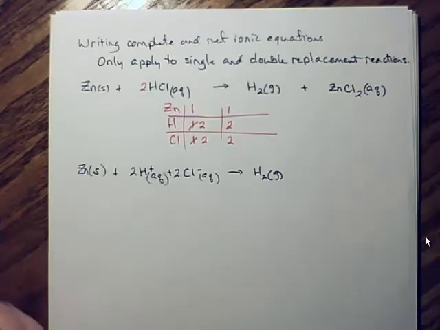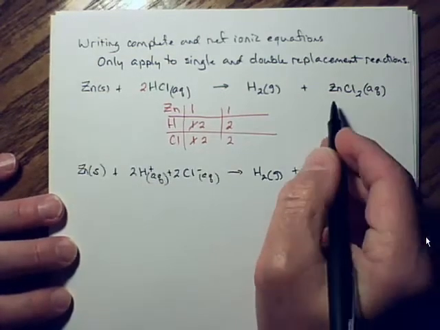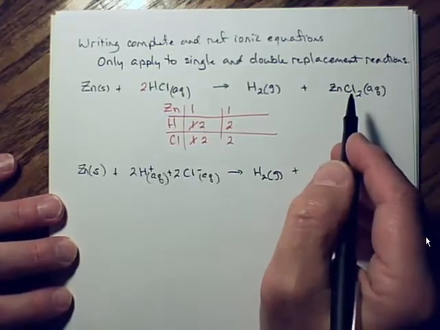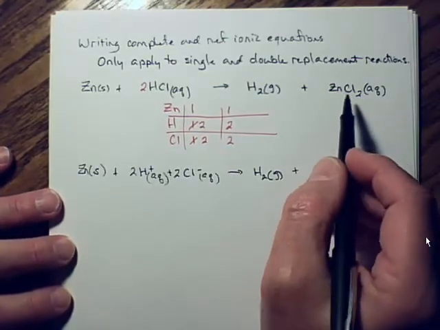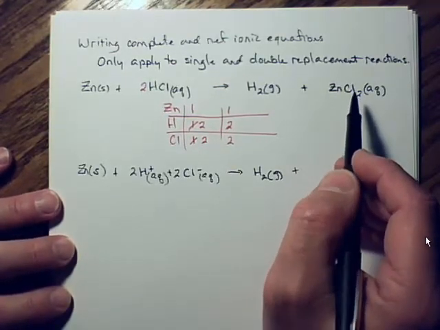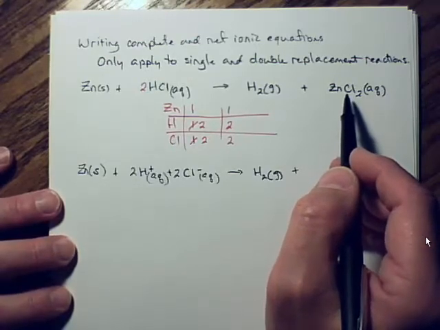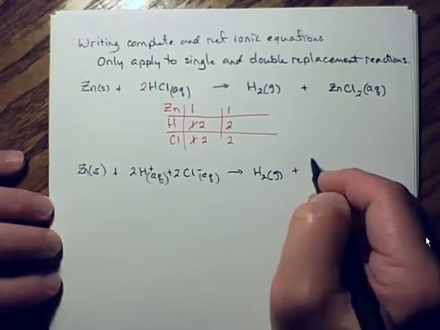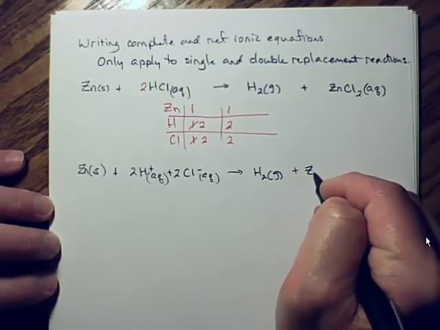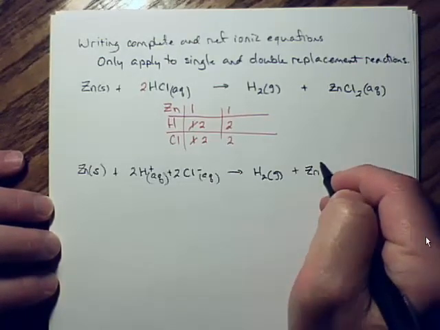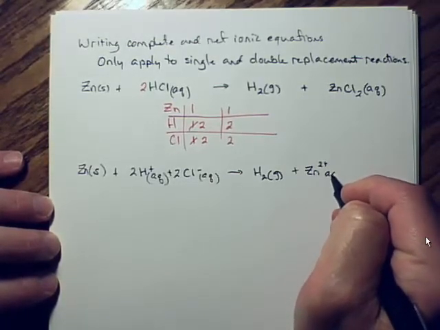Only salts, which is to say ionic compounds, that are soluble, and acids, which are soluble, will break up. That's the way they do it. So we're going to break this up too, because we said it does break up. It's an ionic compound. It's soluble. It's one of your solubility rules that chlorides are soluble, except when they're bonded to a few things. So the zinc ions are going to be in the water, and zinc is a 2 plus charge.